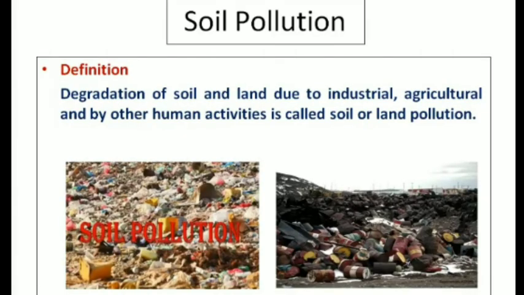Sometimes toxic contaminants like lead or mercury present in the soil can affect the soil quality. Also, due to lack of awareness, the soil is getting contaminated.